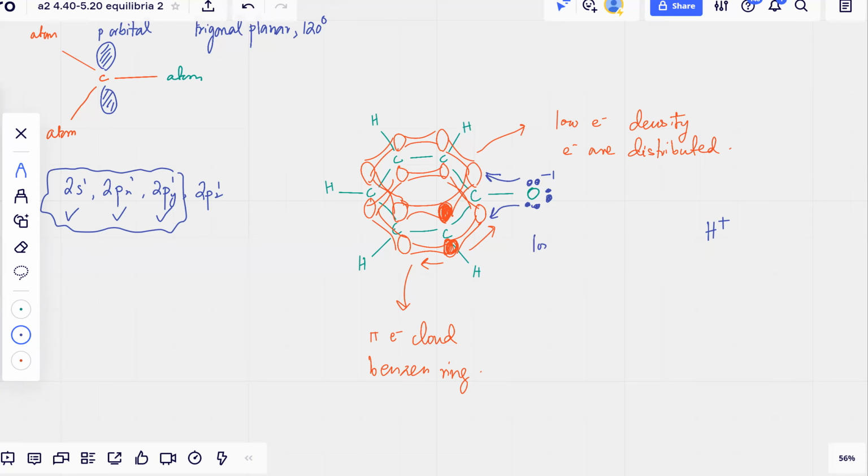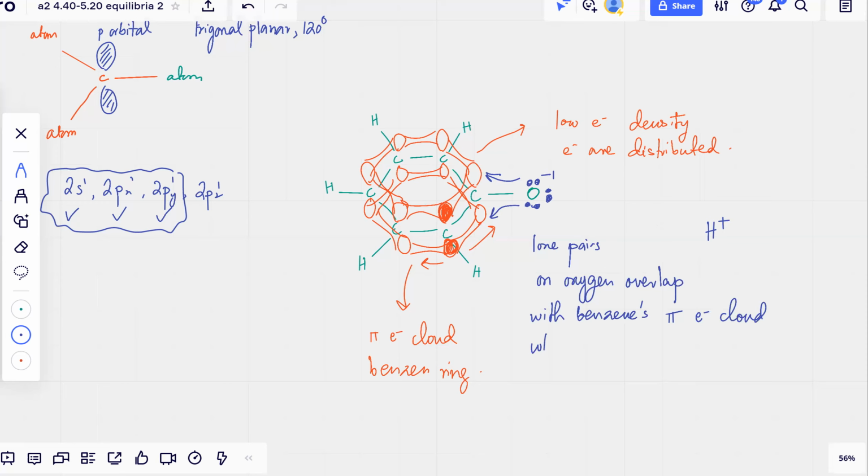So the lone pairs on oxygen overlap with benzene's pi electron cloud.